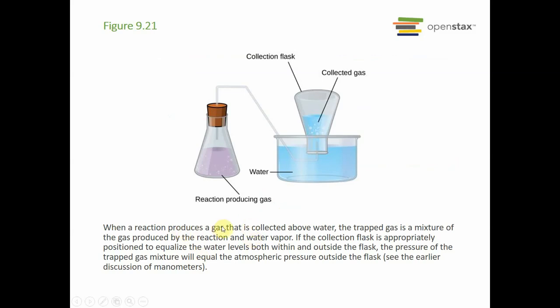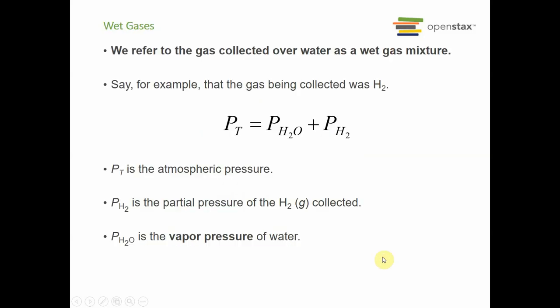When a reaction produces a gas that's collected above water, the trapped gas is a mixture of the gas produced by the reaction and water vapor. If the collection flask is appropriately positioned to equalize the water levels both within and outside the flask, the pressure of the trapped gas mixture will equal the atmospheric pressure outside the flask.